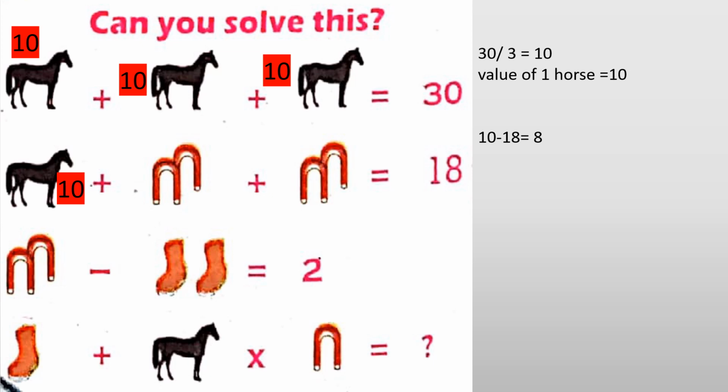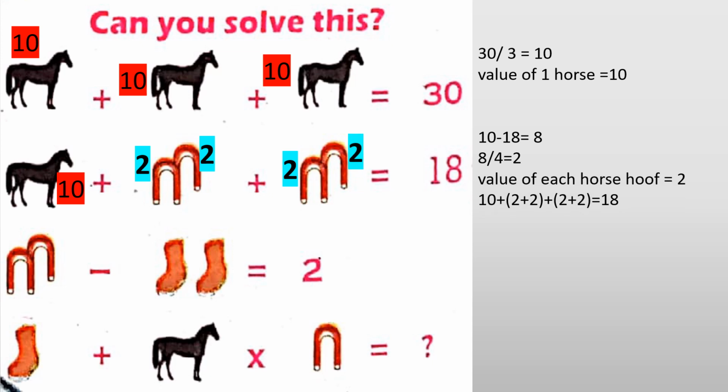After dividing it by 4, we get 2, which means that the value of a horse hoof is 2. When we add 10 plus 2 plus 2 plus 2 plus 2, we will get the answer of the second row, that is 18.